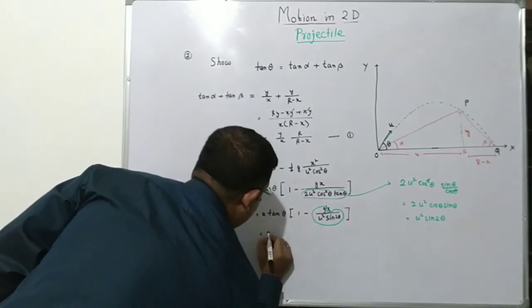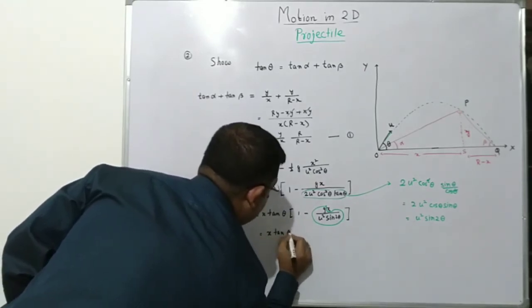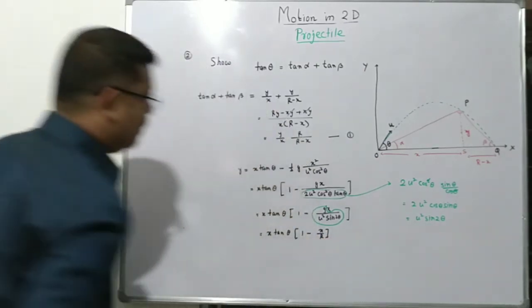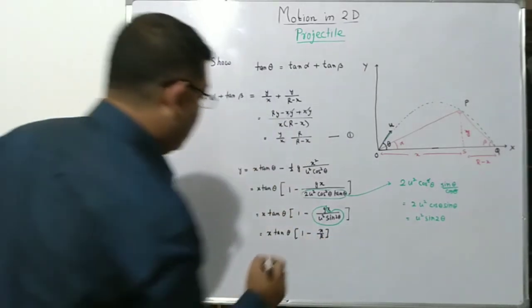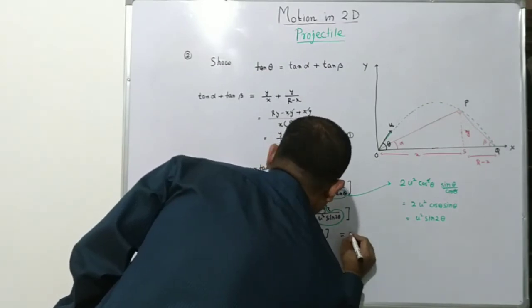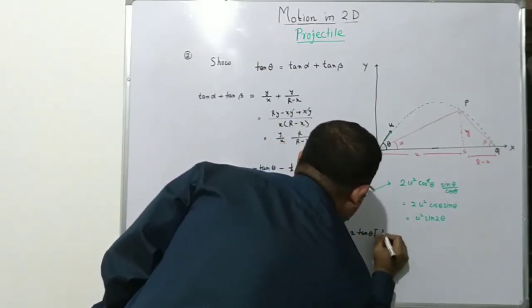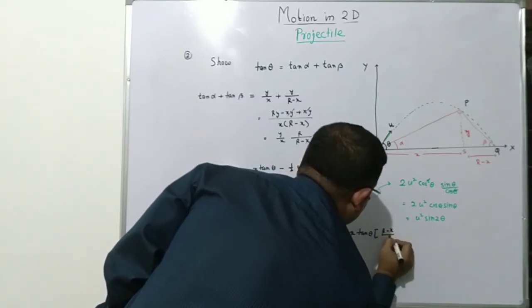So we have x tan theta into 1 minus x by R, or we can rewrite it as x tan theta into R minus x by R.